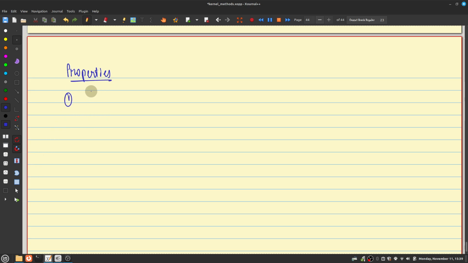Suppose, so we'll start with some very basic properties. Suppose I have some function f from the domain, and this domain could be an arbitrary set, to R. And let's look at the following kernel: K of x, x prime is equal to f of x times f of x prime.